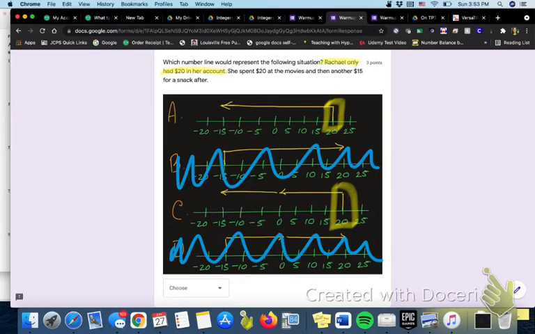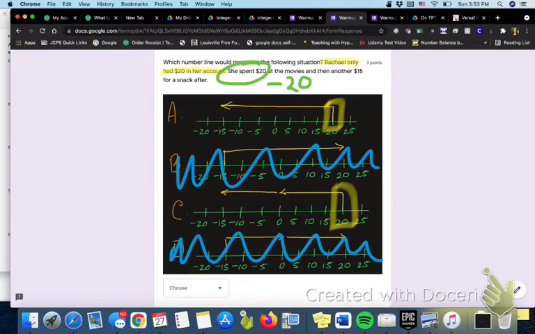It says she spent $20 at the movies and then another $15 for a snack afterwards. So if she spent $20, what happened to the balance in her account? It's going to go down $20, right? It'll be a negative 20.